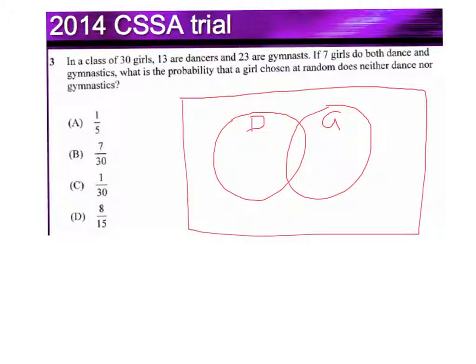Now we've got 13 dancers, 23 gymnasts, 7 do both. So that's the intersecting part there. That means the number of dancers only is going to be 13 minus 7, so that is 6. 6 plus 7 is 13. Number of gymnasts only, well, there's 23 gymnasts altogether, and 7 are already being counted. 23 minus 7 is 16.